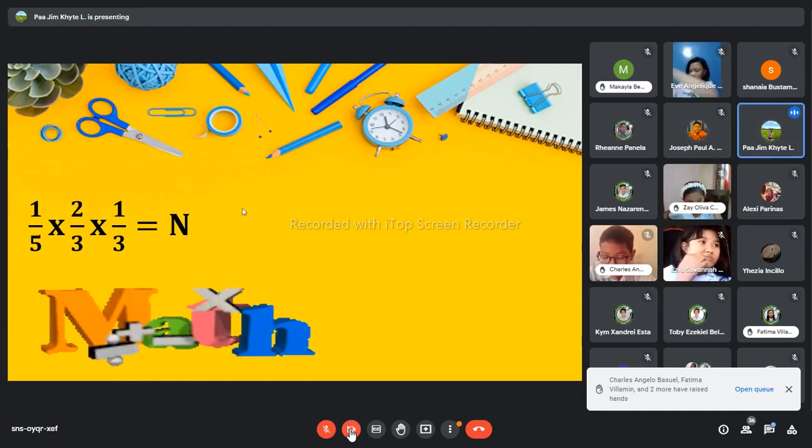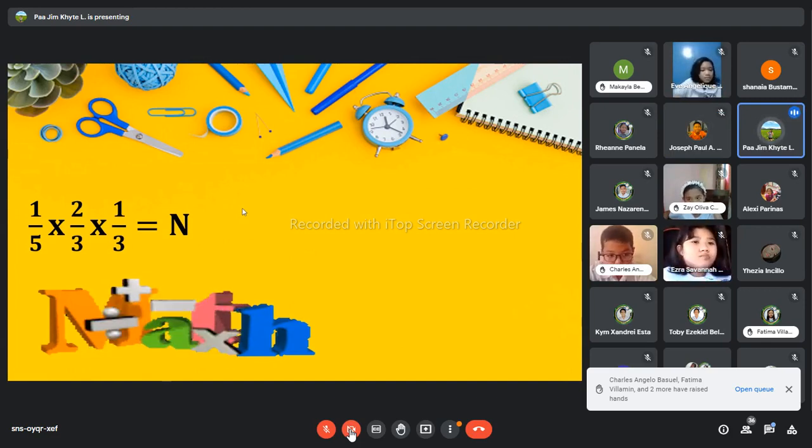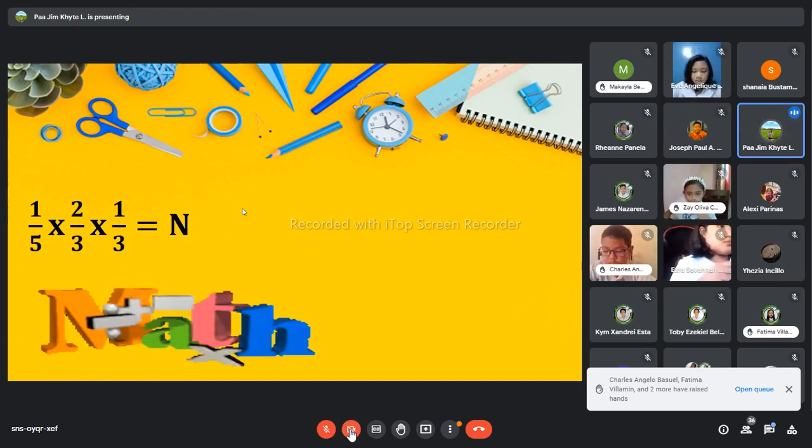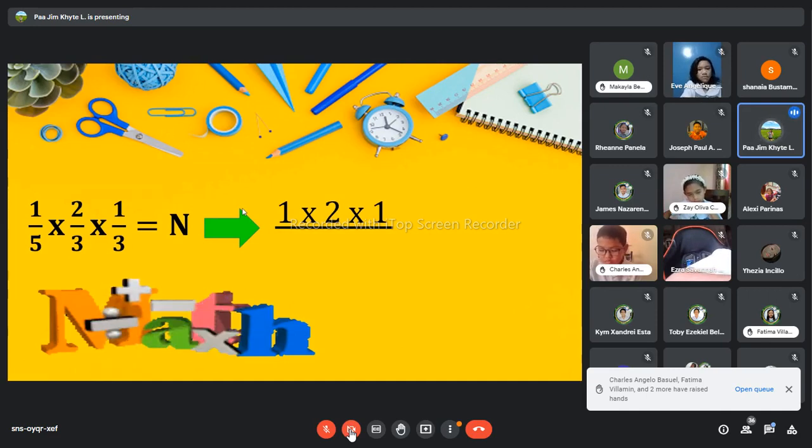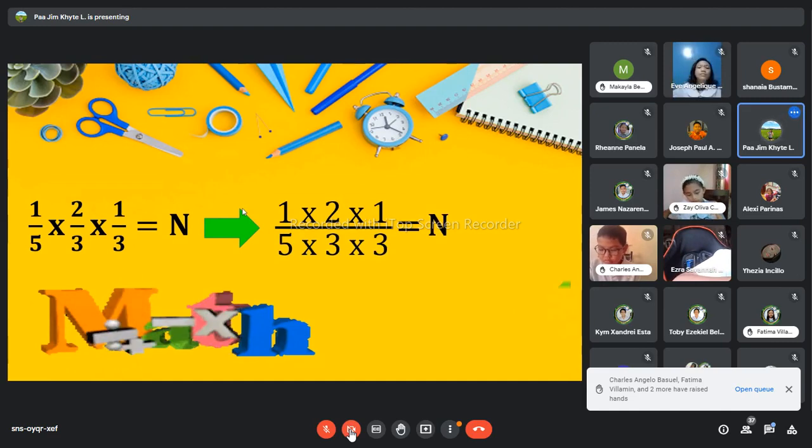That's right. If you'll notice, we have three fractions multiplied together. So the next thing that we will do is to group them. So it will become 1 times 2 times 1 over 5 times 3 times 3 is equal to n.